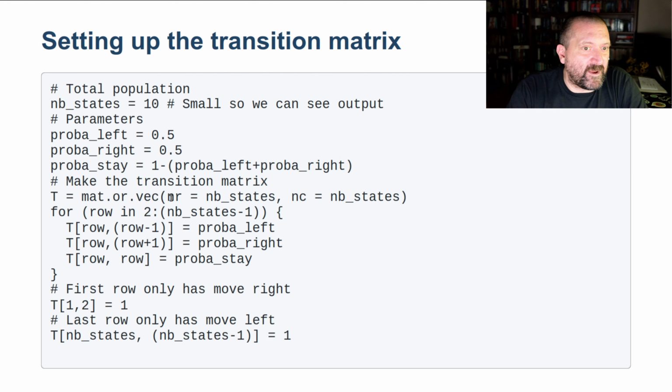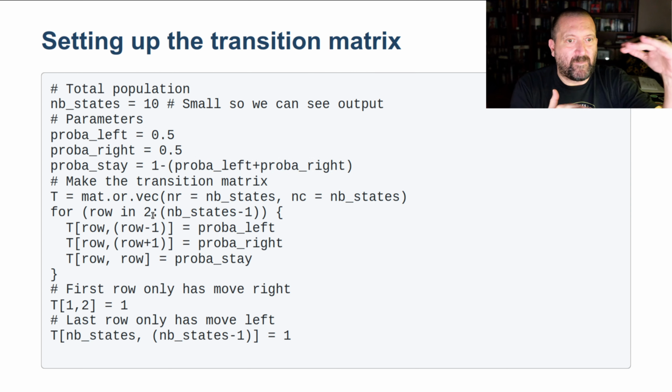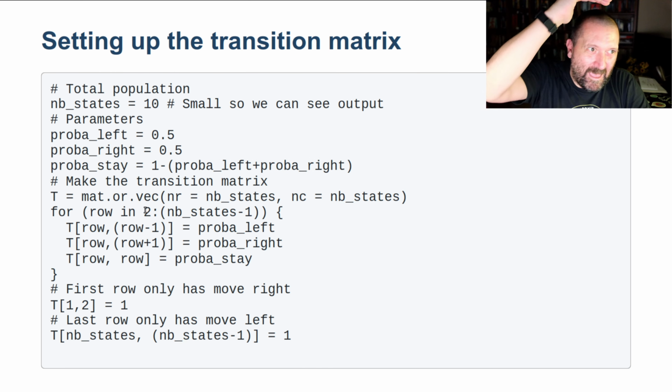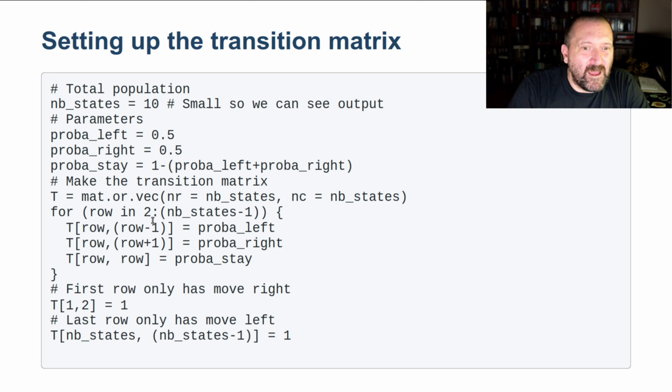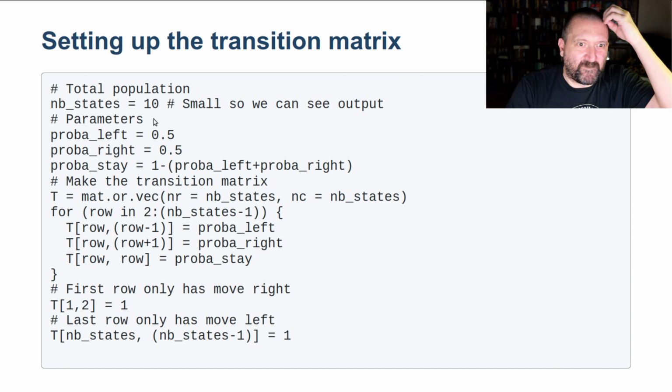And for the transition matrix, it's quite simple. If I'm in the middle, everything except the first and last row, the probability of going left is the probability of going left, the probability of going right is the probability of going right, and on the diagonal I have a probability to stay, which if I put half and half here is 0.